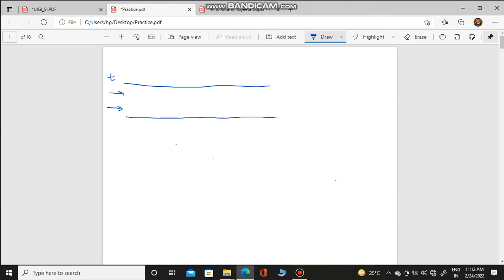The air which is entering has a temperature of TD1, and here we have a coil. Let us assume this is a heating coil. And here we have outlet air. This outlet air has a temperature of TD2. And what is the temperature of the heating coil? TD3. Clear? So this is a heating process.